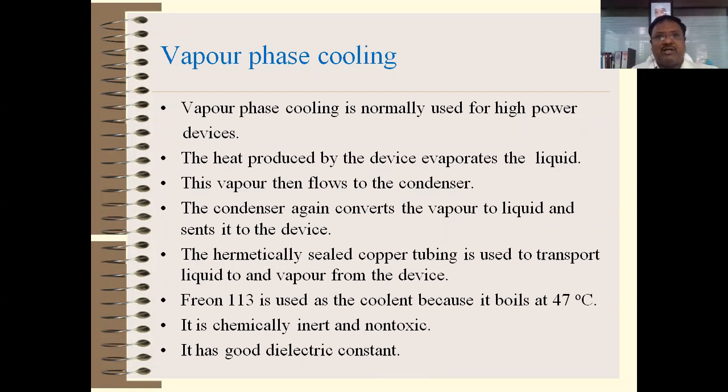It has some disadvantages: the mechanism requires additional arrangement, and even a condenser is required. So the system is costly, but definitely it is more effective than the other three methods if the temperature generated by power devices is too large. So vapor phase cooling is normally used for high power devices.